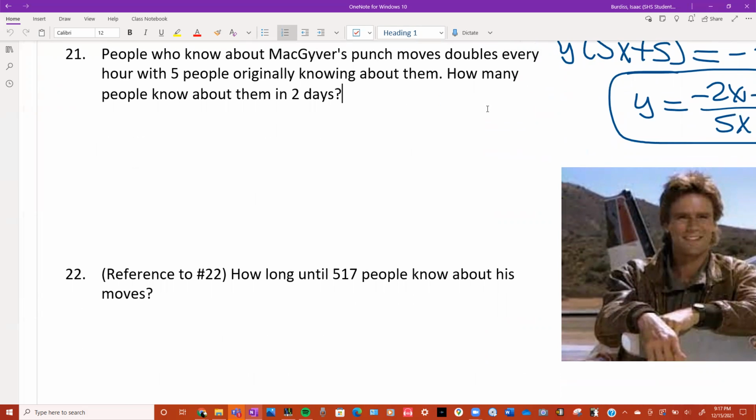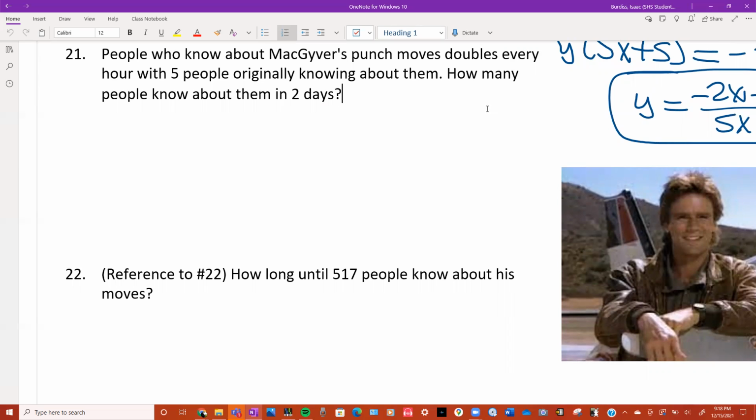Okay, so the question says, the number of people who know about MacGyver's punch moves doubles every hour, with 5 people originally knowing about them. How many people know about them in 2 days?